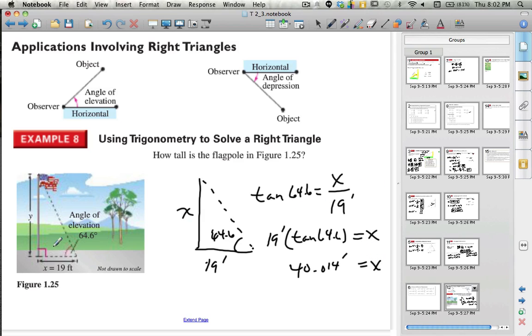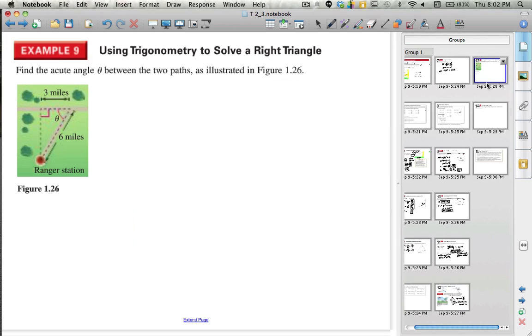Okay, so again, we made a right triangle in order to solve a problem that is existing out in the real world. Okay, here's another one, but we're reviewing things from top down. Right? We know that we've got, this is 3 miles, this is a right angle, and this hypotenuse is 6 miles.